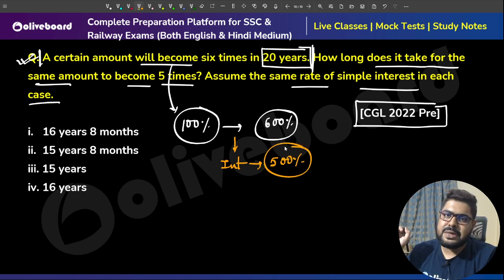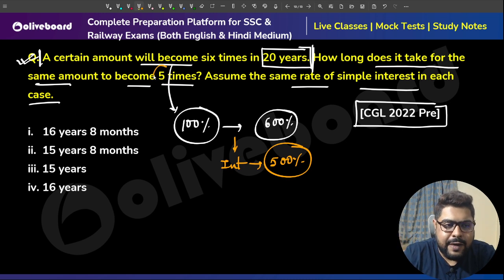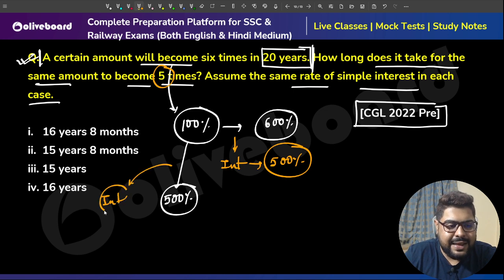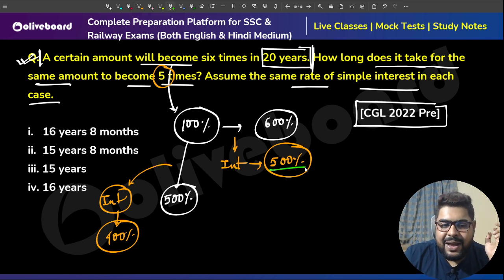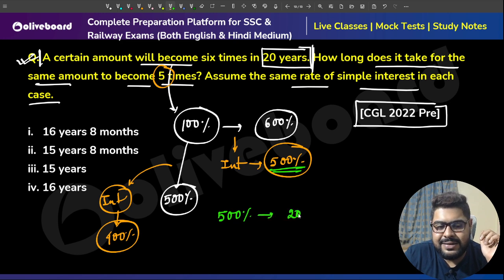Now, if it needs to become 5 times, it will become 500%. Meaning, in that case, the interest is going to be 400%, 100% plus 400%. Now, as simple as that, they are saying we are getting 500% interest in 20 years, sir.